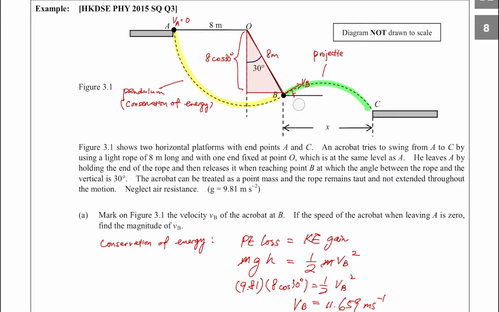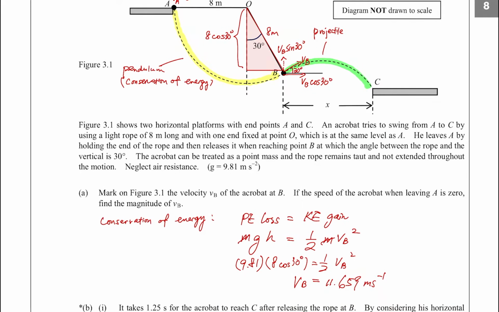Once we know this angle is 30 degrees, we can resolve the velocity of the acrobat into VB cosine 30 and VB sine 30, a horizontal component and a vertical component.